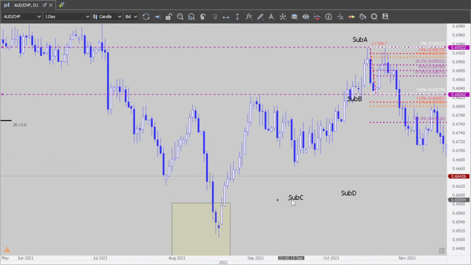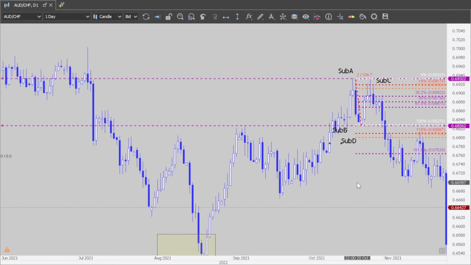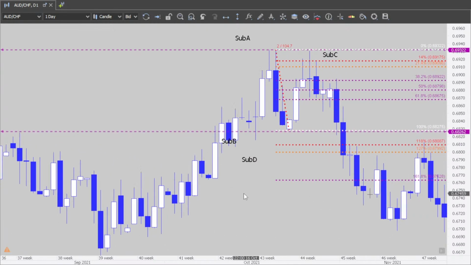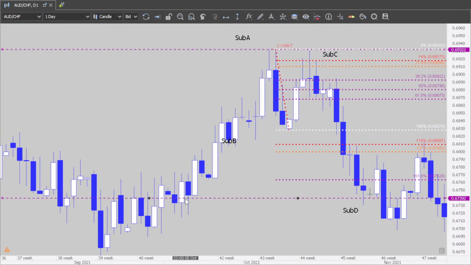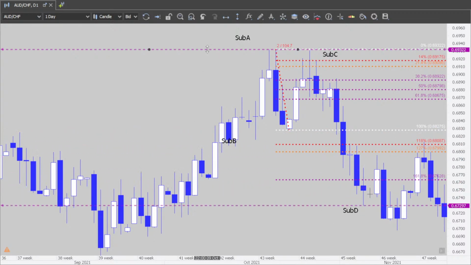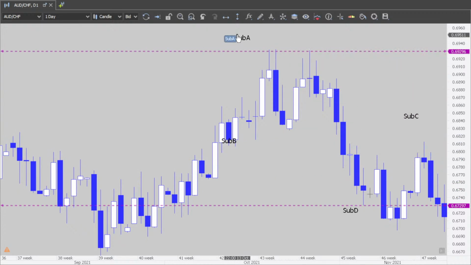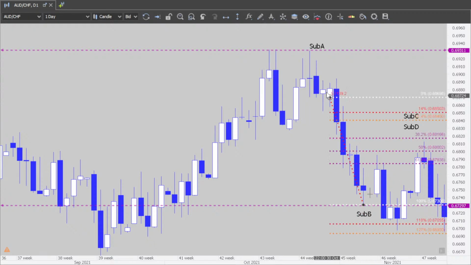One more time, sub C and sub D in here, everybody. Sub A, sub B, sub C. Red goes to red. This is then the sub D. This is the sub C. And we're going to readjust. This is the new sub A. Our sub B goes to sub D in here, and Fibonacci retracement tool one more time.